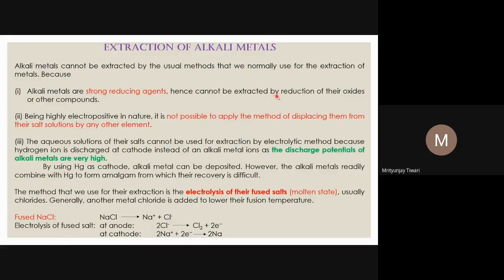So they cannot be extracted by reduction, because those alkali metal cations cannot be easily reduced, since metals like to lose electrons. Even if the cation accepts an electron, the metal will immediately lose it and become a cation again. So they cannot be extracted by reduction of their oxides or other compounds.